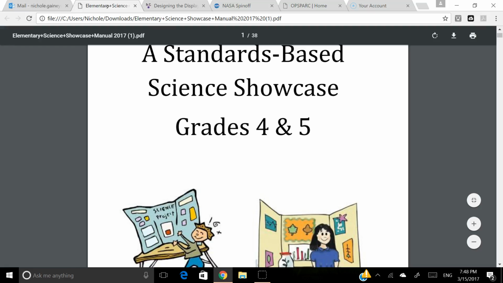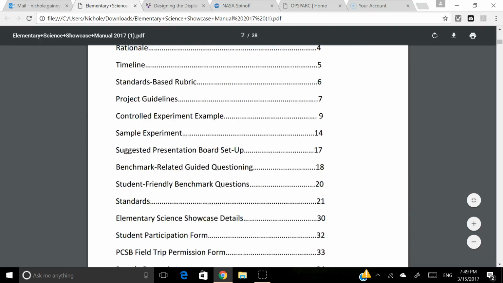There is a second option, which is for the students to engage in the engineering cycle to develop a project that is testing out a design that they have developed to address a question that they are wondering about. So just want to share a little bit of info with you to kind of get you started.